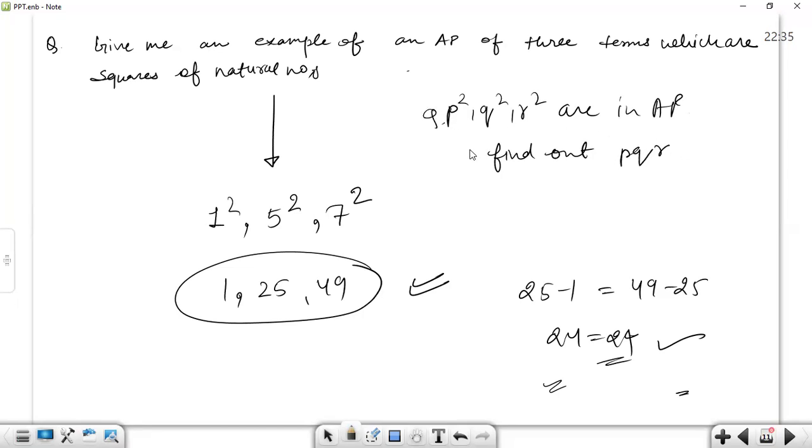Basically, if this is the question, now we should know some three terms in AP which are perfect squares of some numbers, right? So here we can directly consider that 1, 25 and 49 are perfect square numbers which are in AP. So simply P will be 1, Q will be 5, and R will be 7. So 1 into 5 into 7, that becomes 35. Easy answer, right?